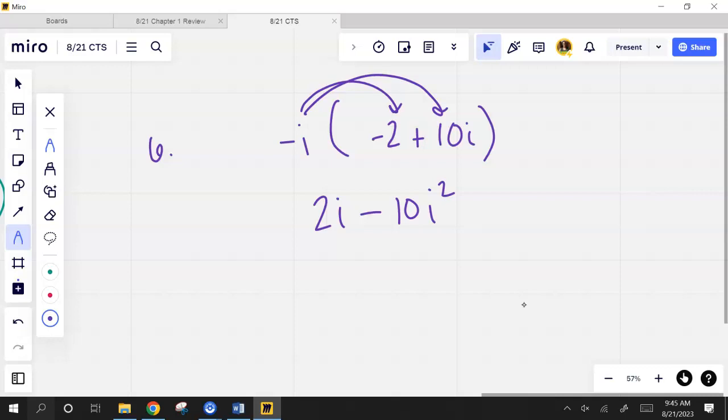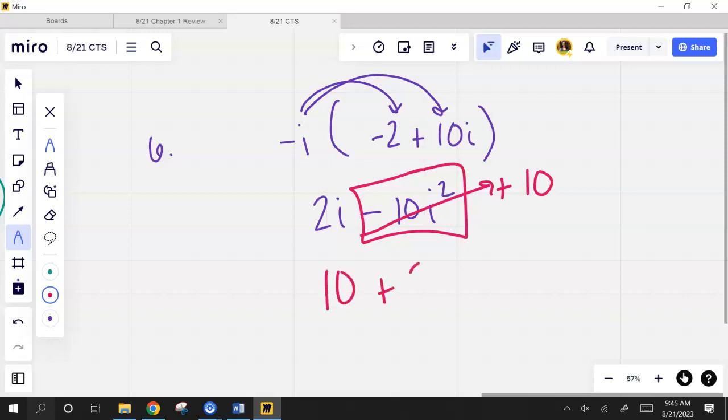I haven't yet. Right now, I just changed the sign because a negative times a positive is a negative. Now I'm going to change it. Now, this is a positive 10. So it's going to be 10 plus 2i. Doesn't matter what goes first. Standard form is the number plus the I or the number minus the I, but it doesn't matter.